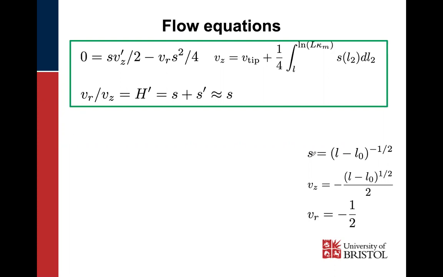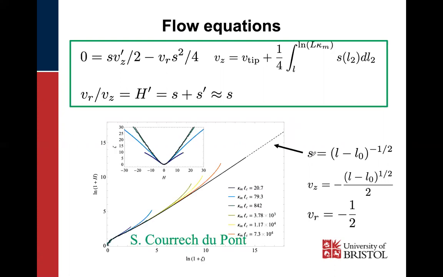And so in the first test, this is compared to the experiments of Sylvain Courrech du Pont using the selective withdrawal geometry. The solid line is a full numerical simulation of the problem, and the dashed line is the result of this leading order theory, which, as you can see, works very well.